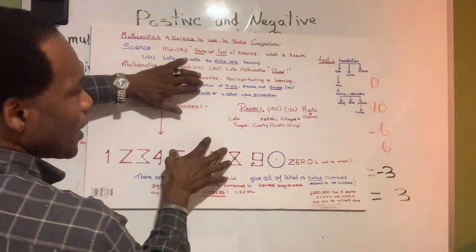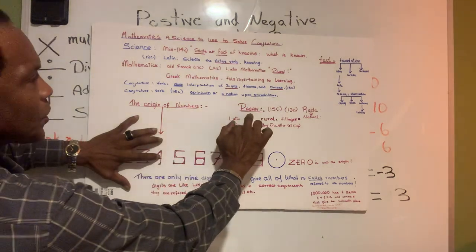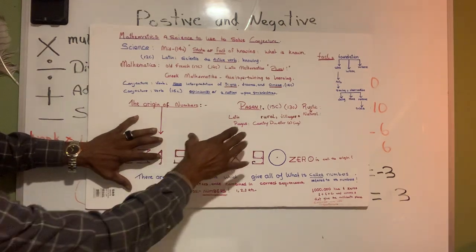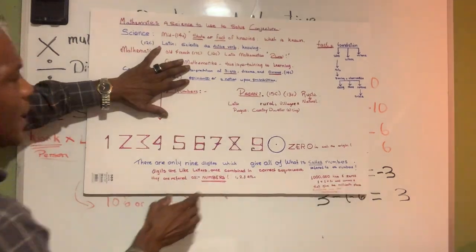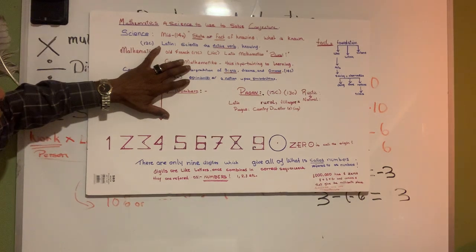So what I try to see here, I went to the word pagan. There's a reason why. Before, what we have is numbers. All numbers derive from what is called digits, D-I-G-I-T-S.